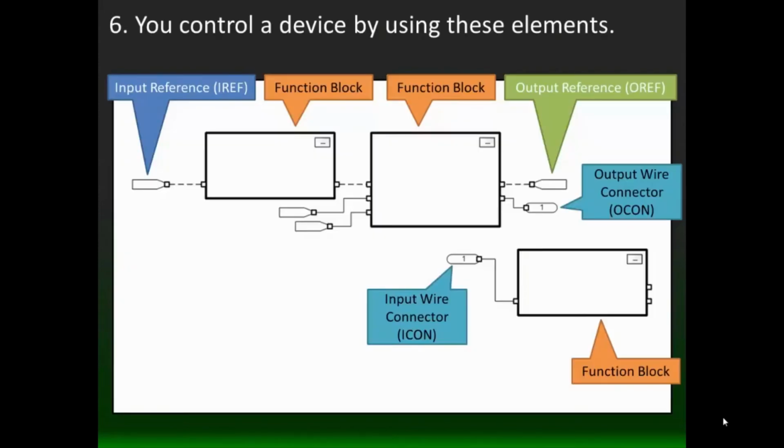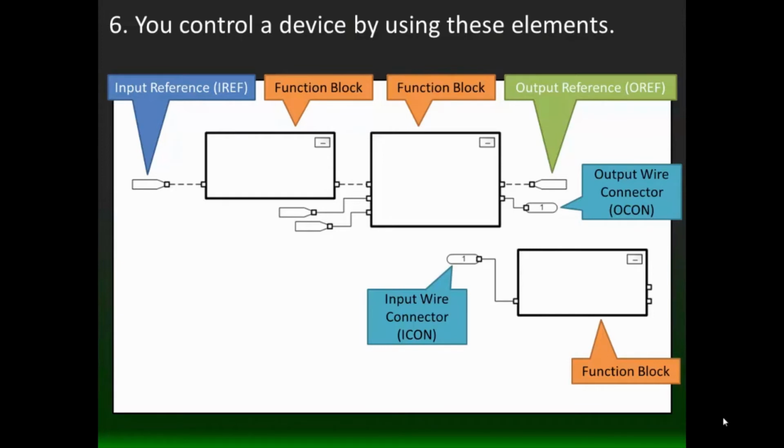You control a device by using these elements. An input reference is information in. A function block performs some function against that input reference. What comes out of the function block is either an indication of the quantity or quality or availability of the input reference.